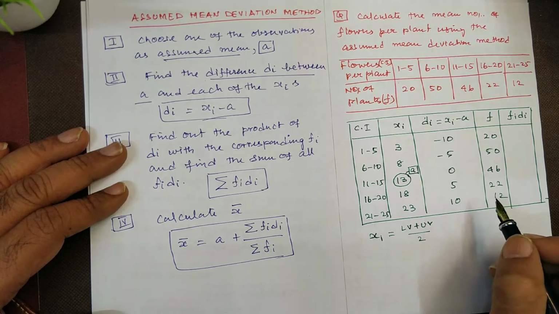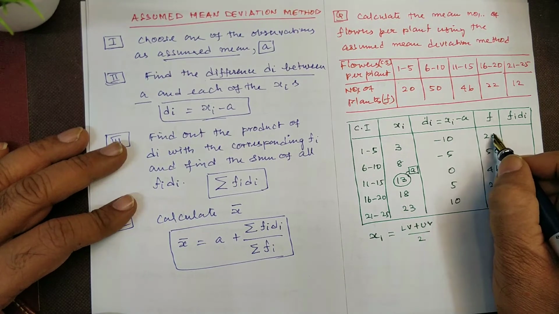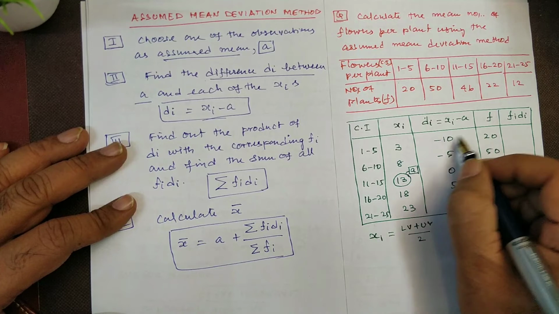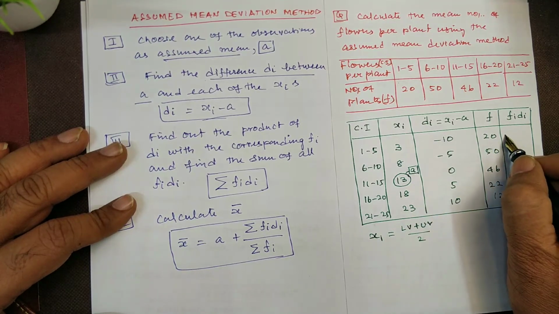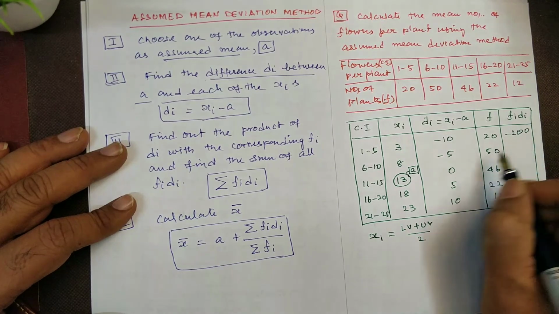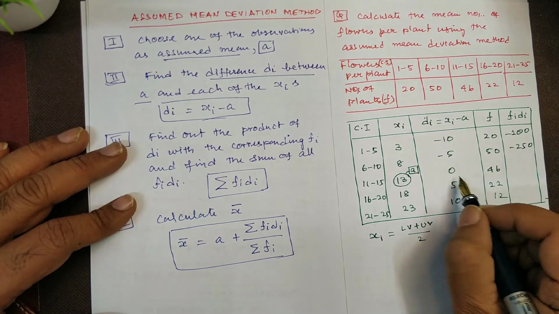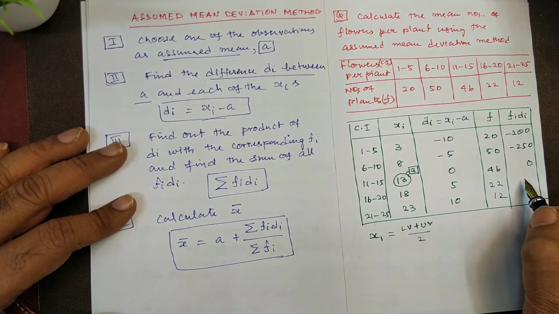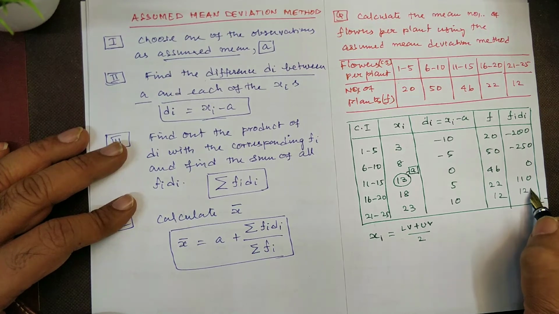Now these fi and di should be multiplied. Minus 10 into 20, minus 200. Minus 5 into 50, minus 250. 0 into 46, 0. 5 into 22, 110. 10 into 12, 120.